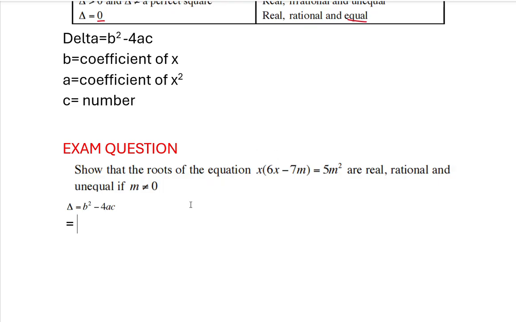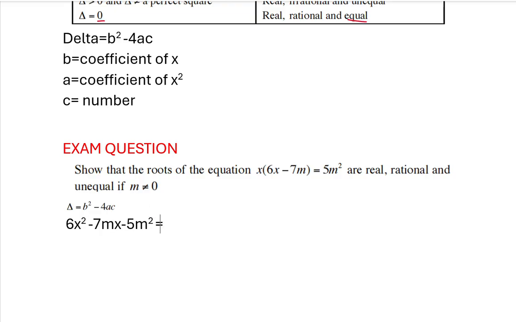So let's do that. I have x times 6x, which gives me 6x squared. Then I have x times 7m, I get negative 7mx. Then this is on the right hand side, so if I transpose it, I'll get negative 5m squared.